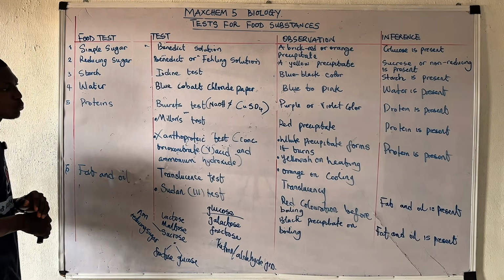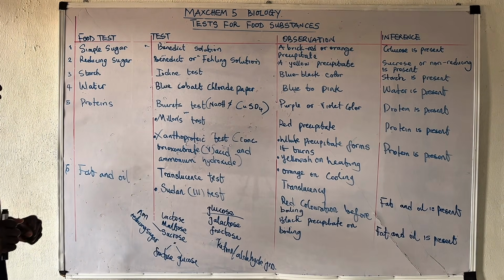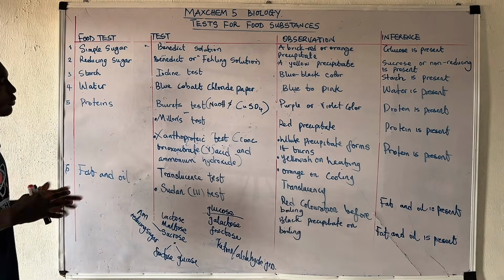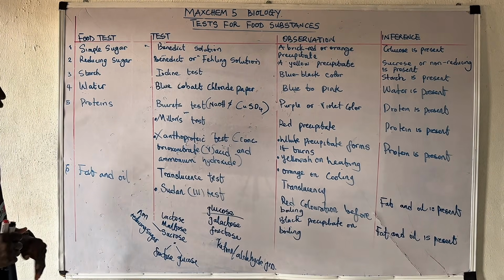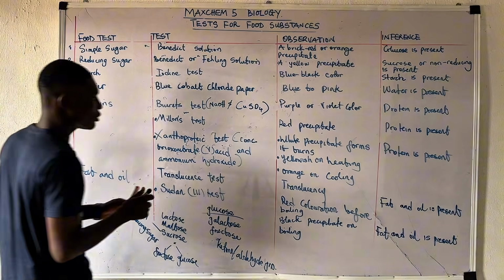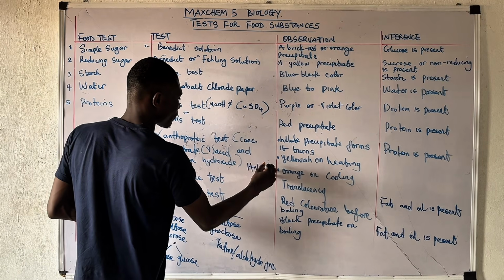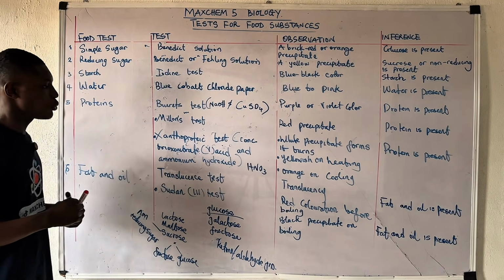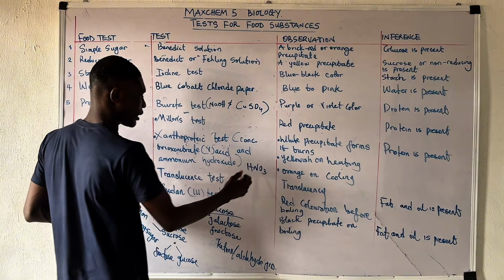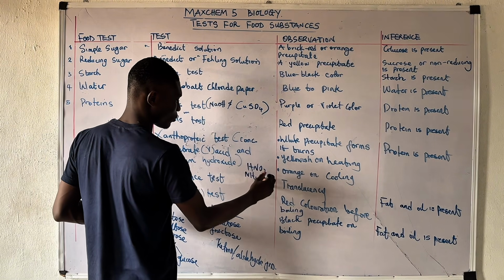The next is the xanthoproteic test. This reagent is made up of concentrated trioxonitrate V acid, that is HNO3, and ammonium hydroxide, that is NH4OH.